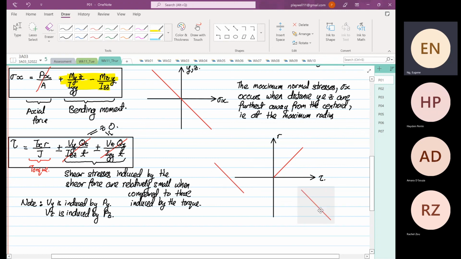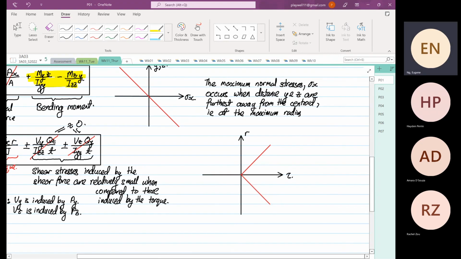A similar trend is observed when it's torque induced. So this is basically the shear stress induced by Tx r over J.